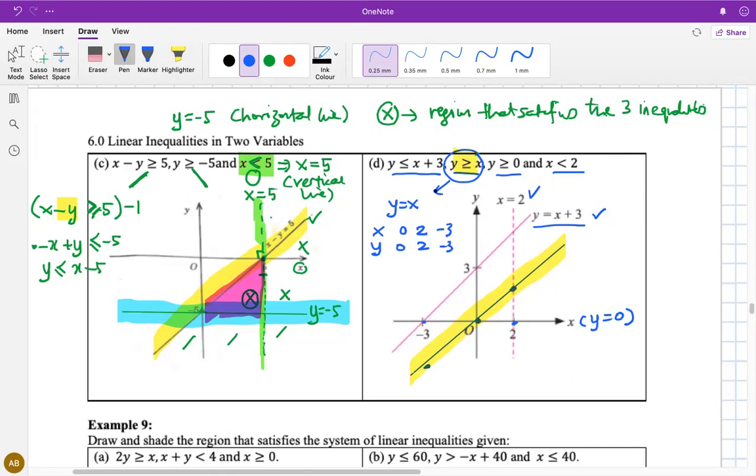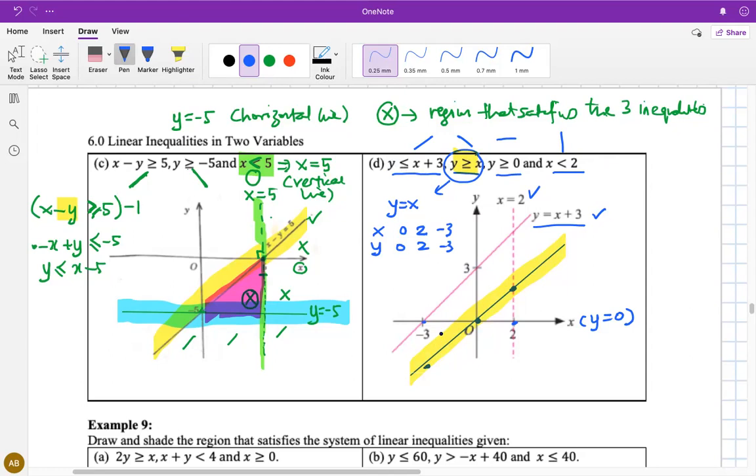Since there are 4, I use backslash, horizontal and vertical lines to represent the 4 inequalities. The first one is y less than or equal to x plus 3.